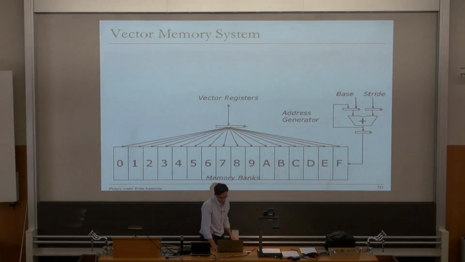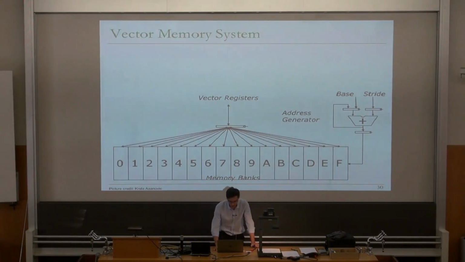We have already talked a little bit about that, but here you can see more detail about how the addresses are calculated. We have one base address, which is the address of the array, the vector that we are accessing in memory, and we have some stride that gives us the distance between the elements that we are going to access.